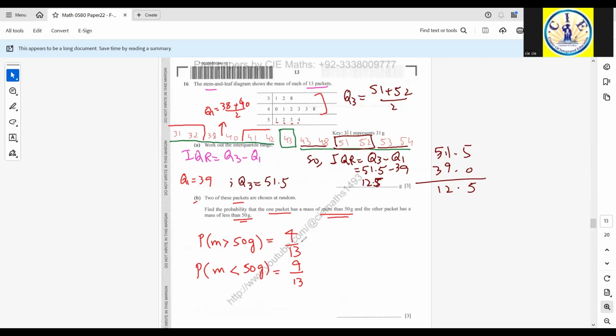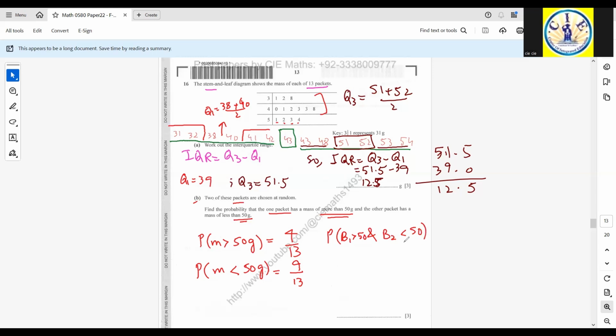Since we need to do it for 2 of these packets, which are being chosen at random, what we need to do is find the probability of bag 1 greater than 50 and bag 2 less than 50 grams.